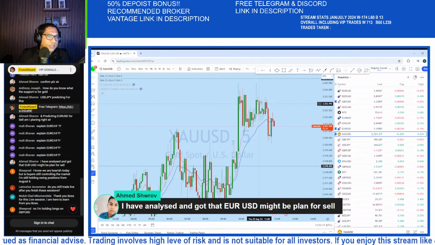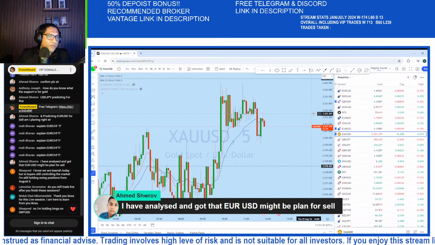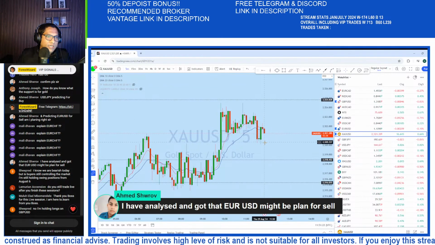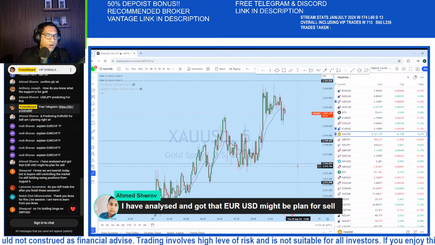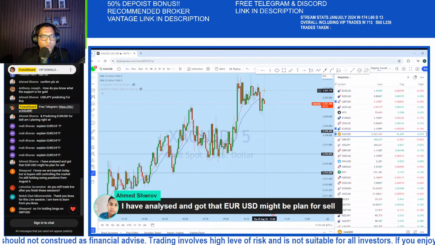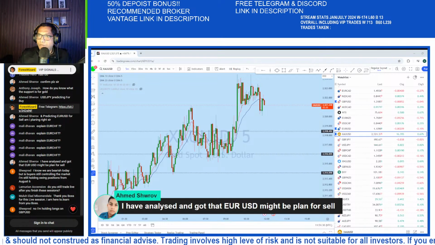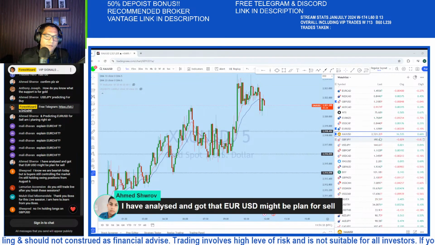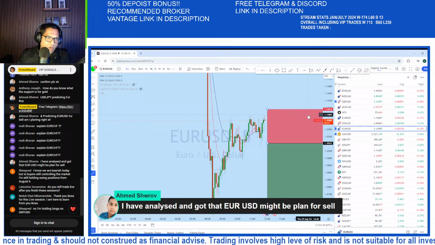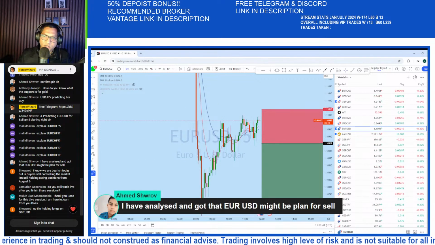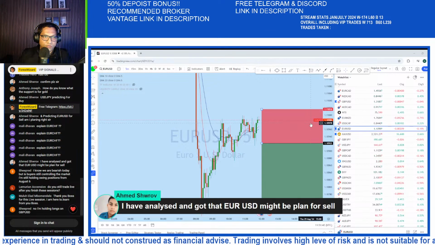Okay, so after this structure formation on the 5 minutes, we can see it's trying to break below, which is as expected. I wouldn't expect gold to bounce from here without grabbing significant liquidity. And news coming up in just 40 minutes, not an hour, so which is very near.